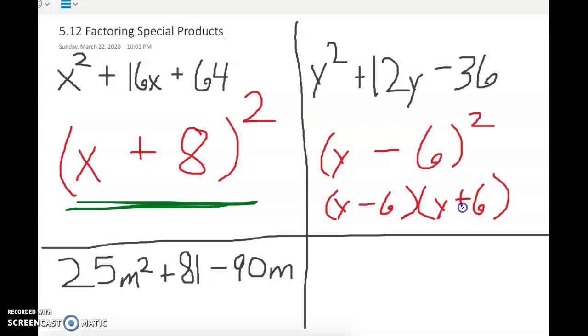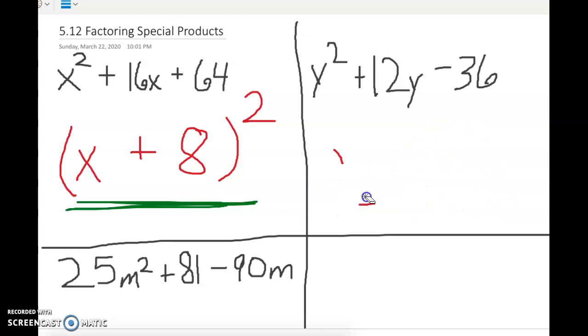If we put one of them positive, it's going to cancel this out: negative 6y plus 6y equals 0. So therefore, this equation cannot be a perfect square trinomial.